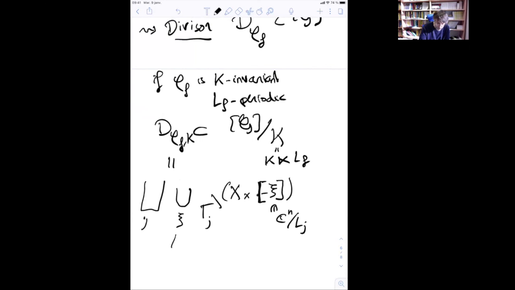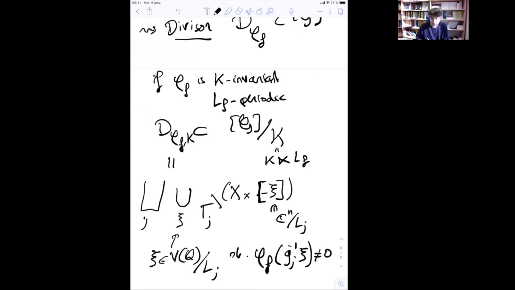And these are all the points, the rational points modulo the lattice Lj, such that phi f of Gj psi is non-zero.